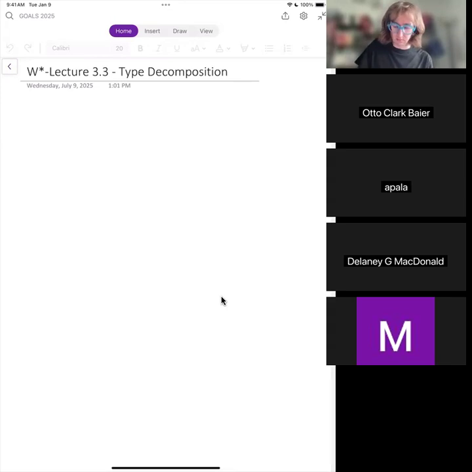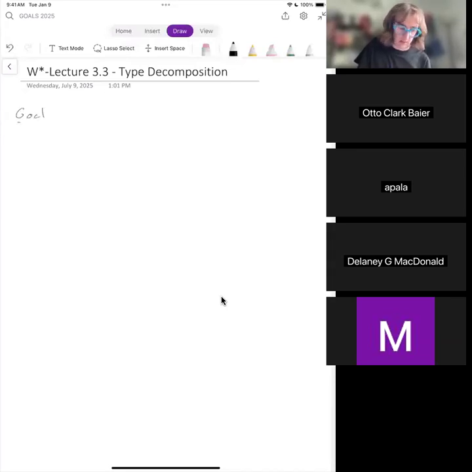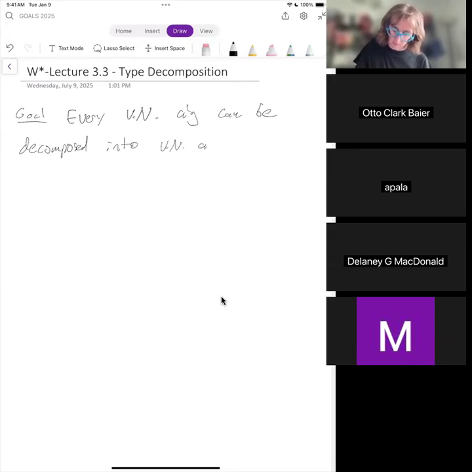So, the goal of today is that every von Neumann algebra can be decomposed into von Neumann algebras of three different types.